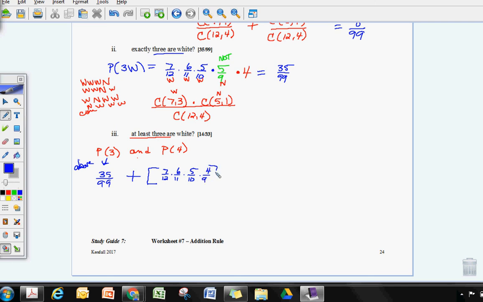That's exactly 4 white. And when you do that, I believe, let's see, I should have 35 out of 99. That was the first one. Added on to 7 over 99.